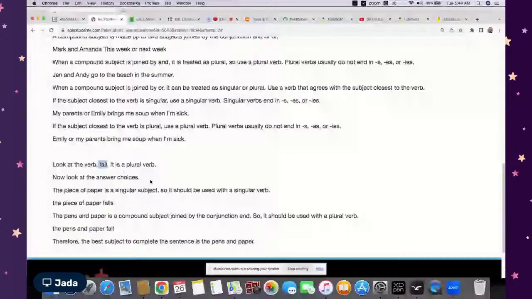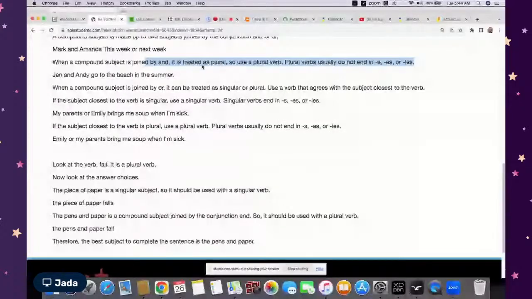Now, the piece of paper falls. Okay. Then we have the pens and paper, which is the compound subject joined by the conjunction "and." And if you remember when I explained earlier, I told you that once you have "and" in the sentence, look at it here. When a compound subject is joined by "and," it is treated as plural. That was what I said.